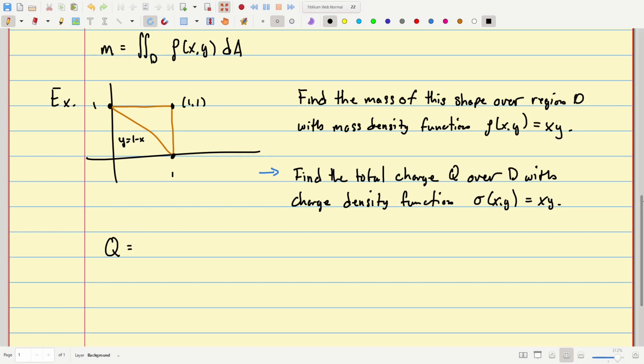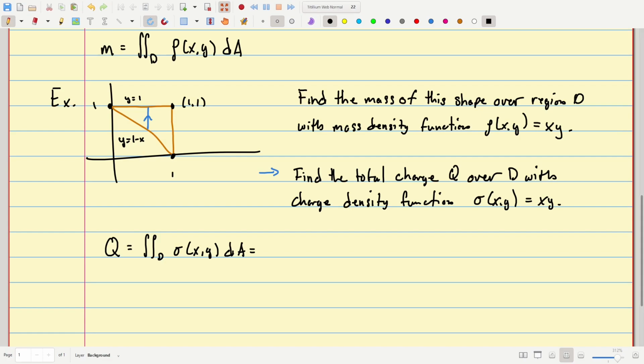So capital Q is equal to the integral over D of our charge density function, and it is our job to write this as an iterated integral. The way that the picture has been drawn, we've set things up so that it's a type 1 region because this top part is y equals 1.